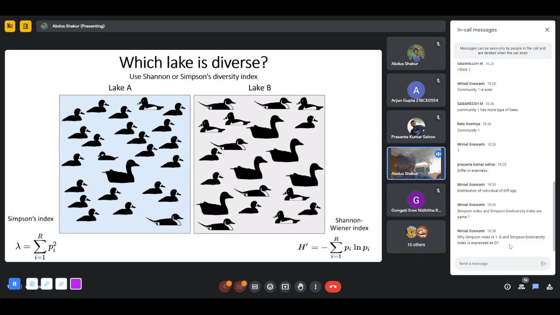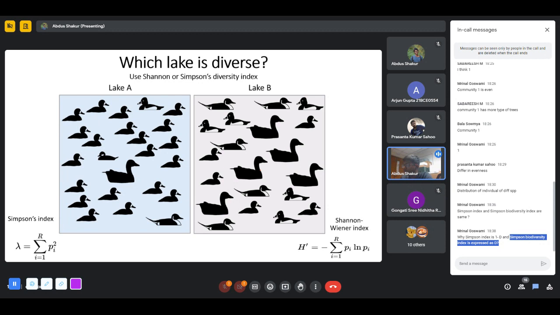Simpson's index is 1 minus d, and Simpson's biodiversity index is expressed as b. When you look at Simpson's biodiversity index, you get some values, right? The values in Simpson's diversity index are mostly constrained between 0 and 1.